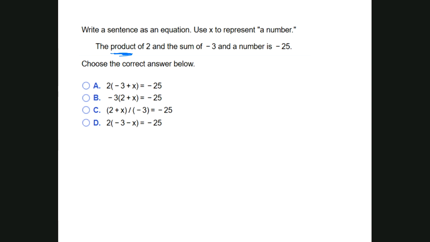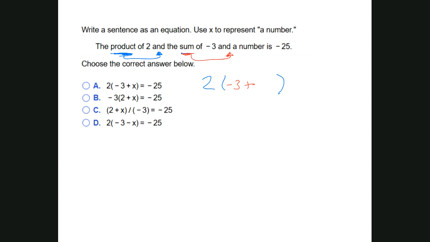And what I do is I look for the word and that falls closest to the word product there. So my interpretation at this point, the product of means I'm going to multiply two items. So I have 2 times something. All right, 2 times something. And that something is going to be the sum. And I'm doing the sum of -3. Again, I'm looking for the and.